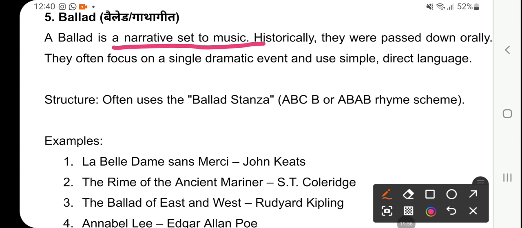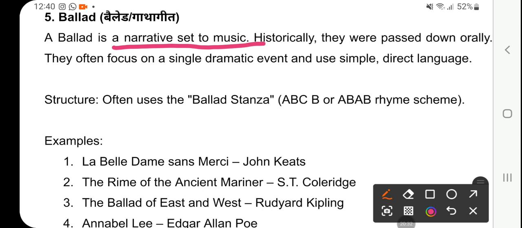Generation to generation, they often focus on a single dramatic event and use simple, direct language, because people were very simple. I told you about Chhatrapati Shivaji, one part of his life, like how he was born or his coronation. So you take just one part, and then they used to sing.